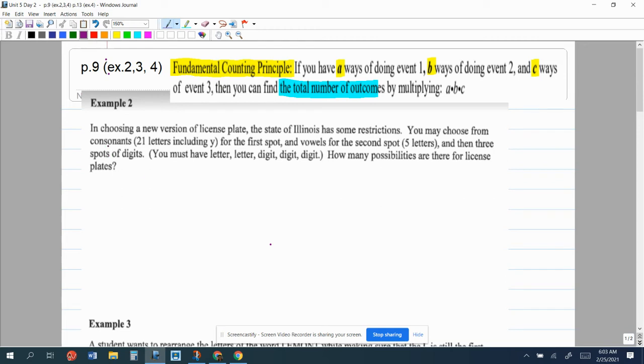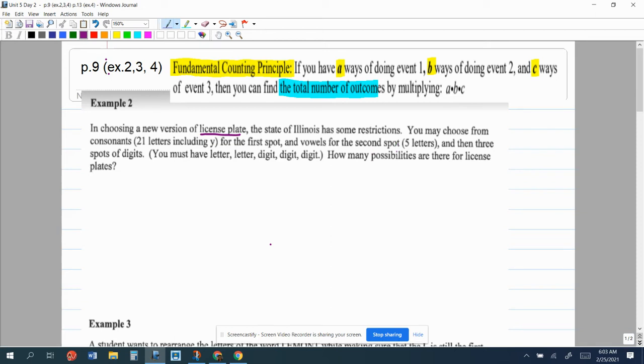and we're dealing with a license plate scenario here. And we can choose from any of the consonants, the 21 letters, including Y, for the first spot, and vowels for the second spot.